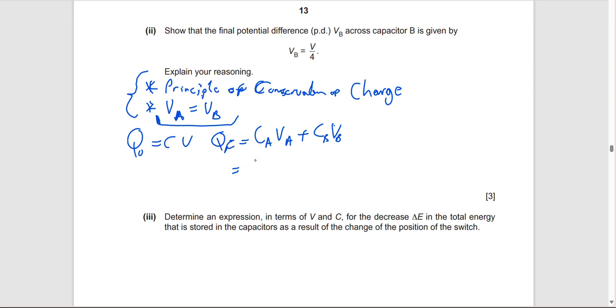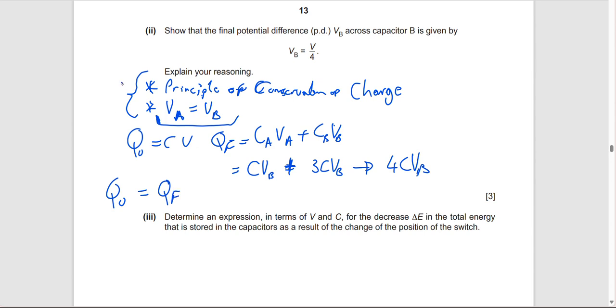And we know that the capacitance for A is just C, so we have C VB here, having substituted VA with VB. And the capacitance for capacitor B is 3C, so 3C VB. Then that will equal 4C VB, right?